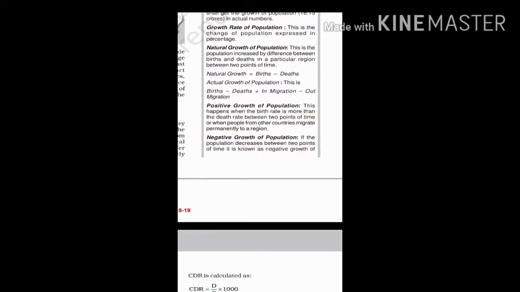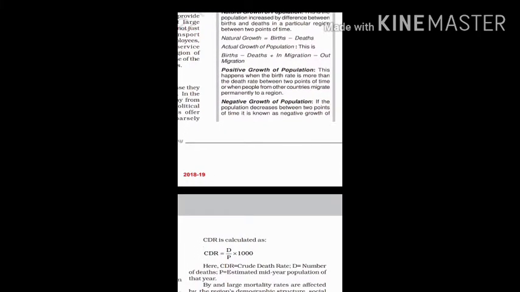Then comes actual growth of population. Then comes positive growth of the population. This happens when the birth rate is more than the death rate, or people from other countries migrate permanently to a region.